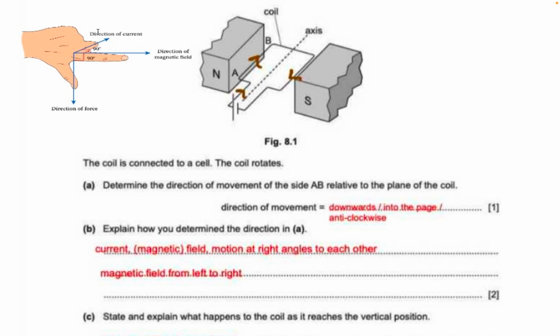The second finger points toward the direction of the current. Your thumb will point to the direction of the movement, or direction of force. We can represent it in this figure. The first finger points toward the direction of the magnetic field from N to S. The second finger points toward the direction of the current from A to B.